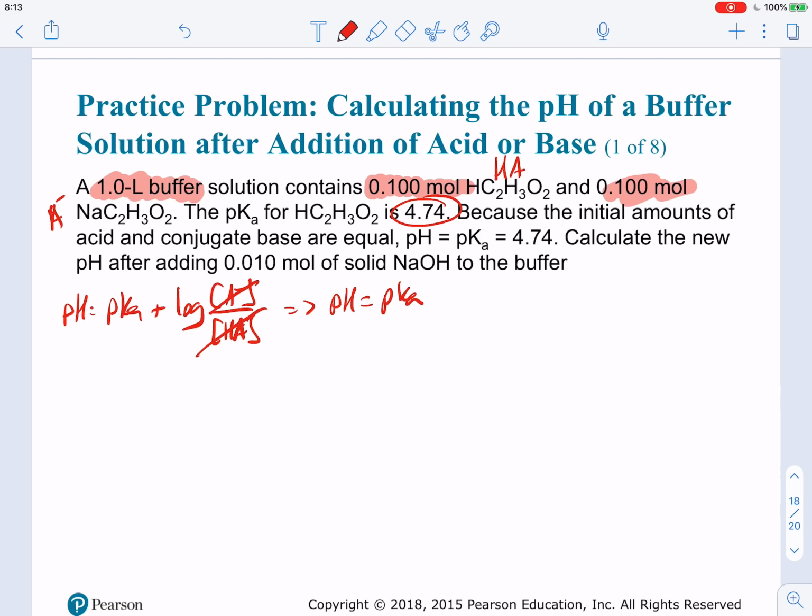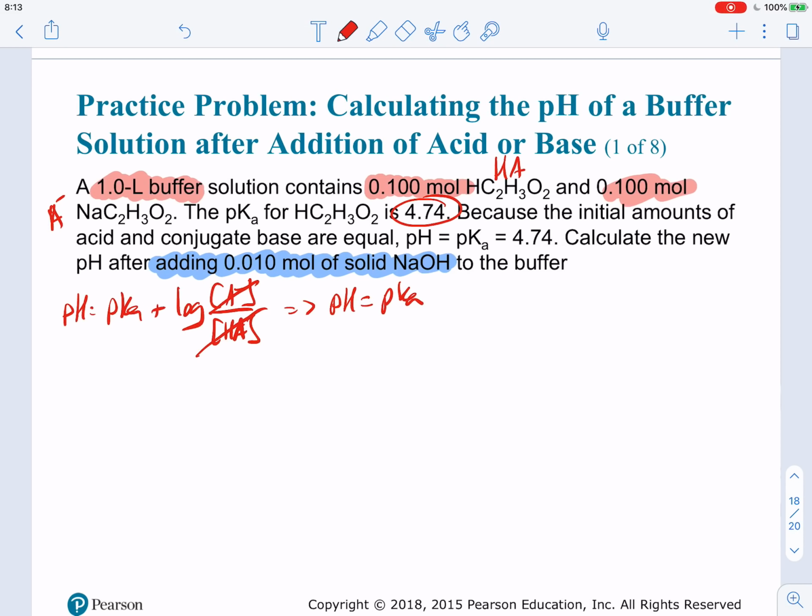Now the situation is that you add 0.10 moles of solid sodium hydroxide. Okay, and here we are just at the mole level, right? We are not really working with concentrations right now. I will leave that for later, but we can do the stoichiometry just at the mole level right now.